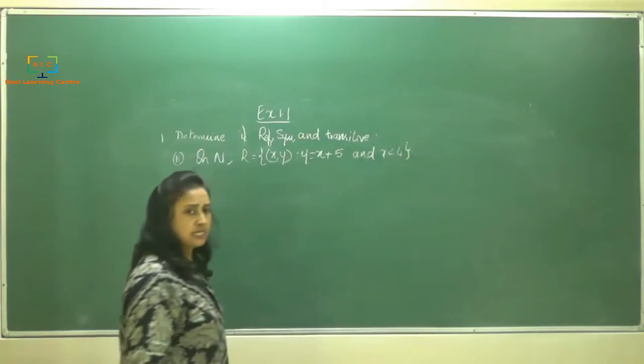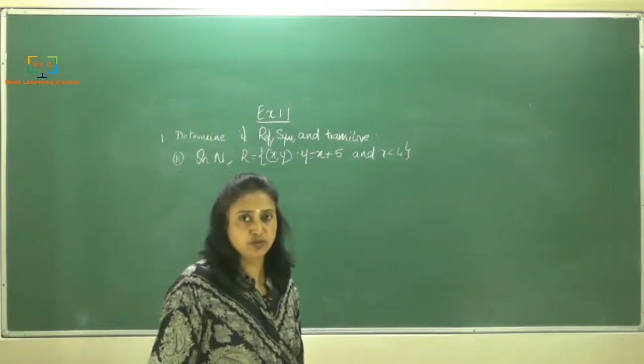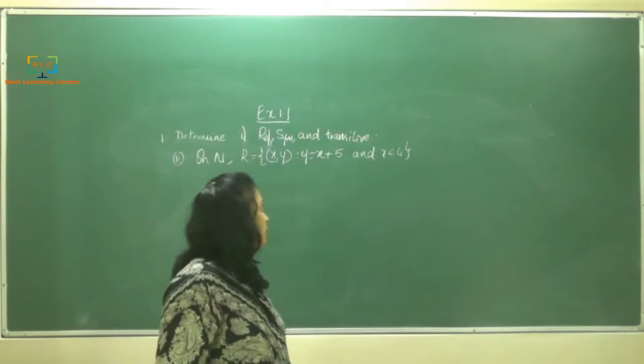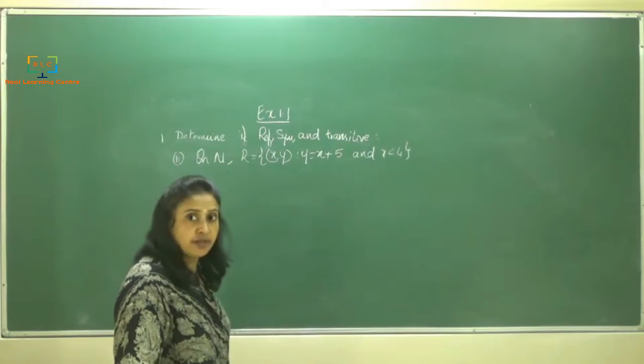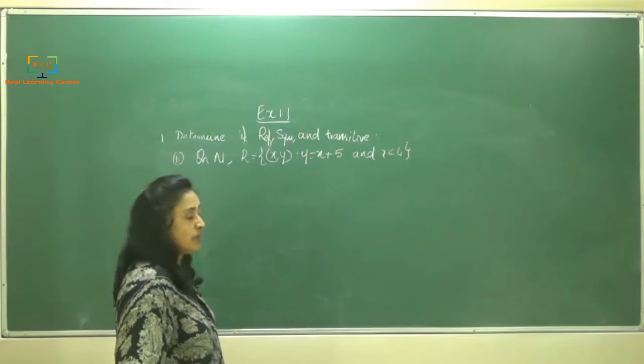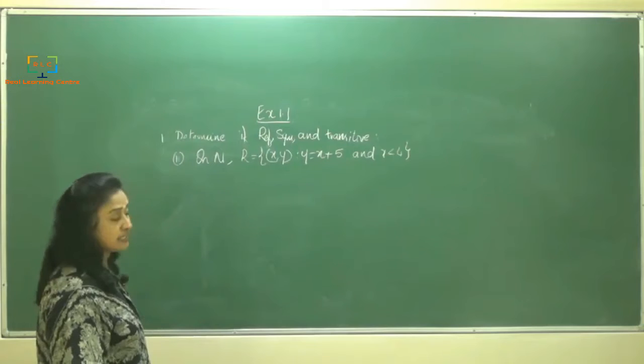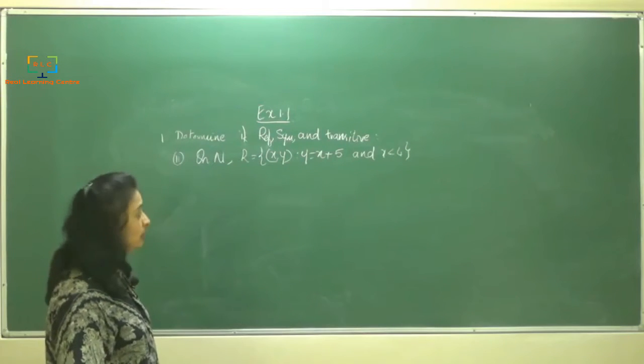Since x is less than 4, my natural numbers will be 1, 2, 3. Whether it is 3 numbers only or whatever the numbers are, whenever they give you a linear polynomial, it is not possible. This is as good as y minus x is equal to 5. It is not possible at all.